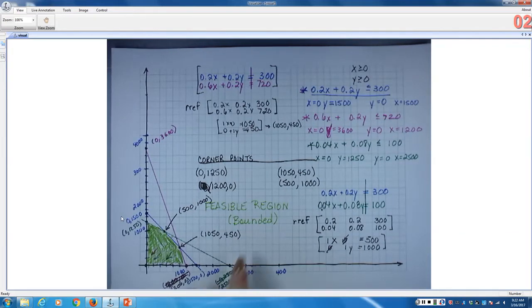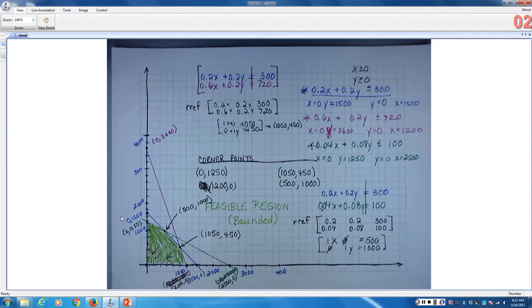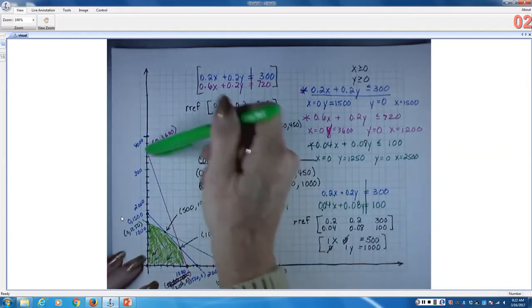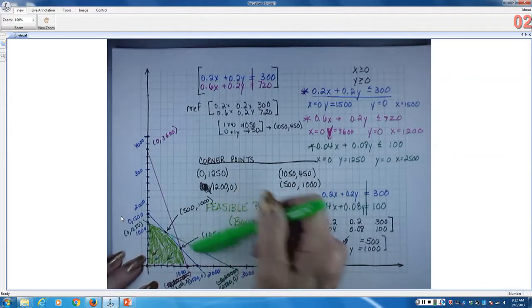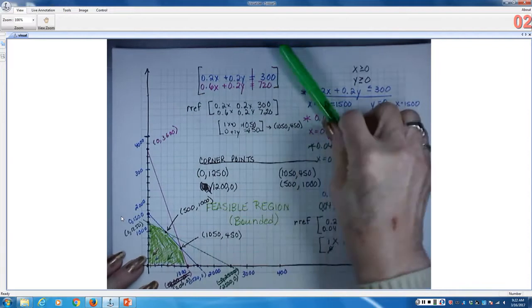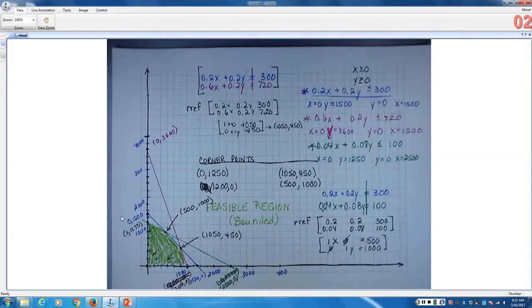And that's called the feasible region, and we said that it was bounded because it has a boundary around all four edges. If the feasible region had turned out to be this area out here, for example, all this way, then that's an unbounded feasible region. And you can have one or the other.